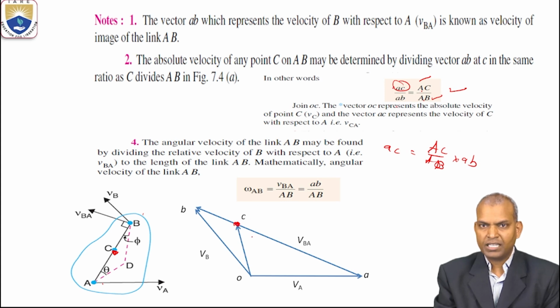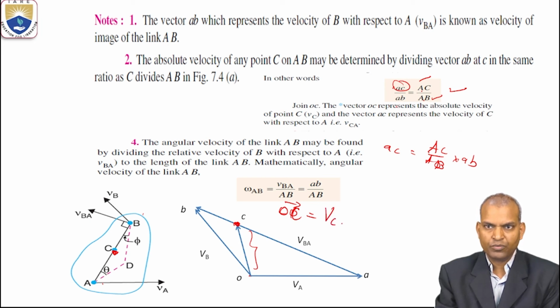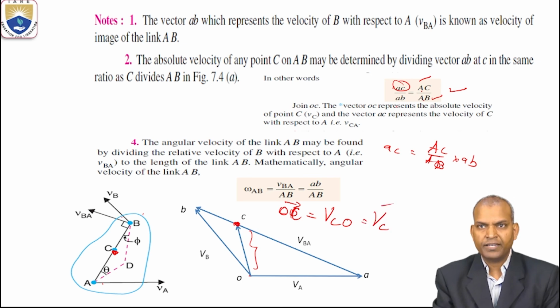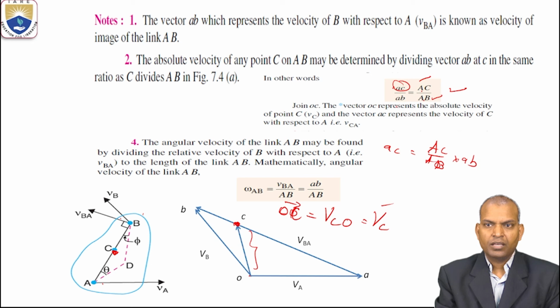Mark the point C, then join O to C. Then we obtain the length OC, the velocity of C. Vector OC is the length of the velocity vector. OC is the velocity of point C with respect to O, that is VC.